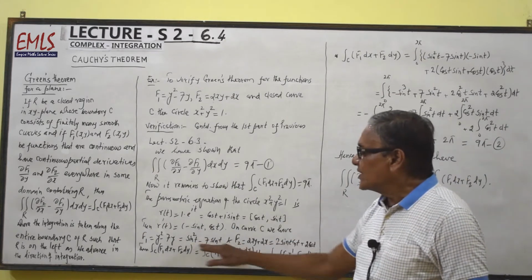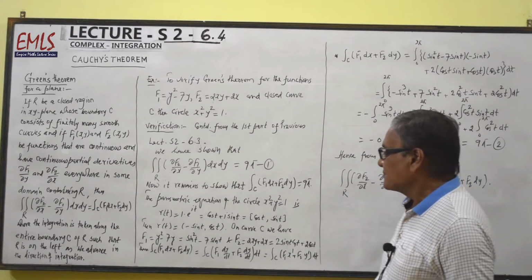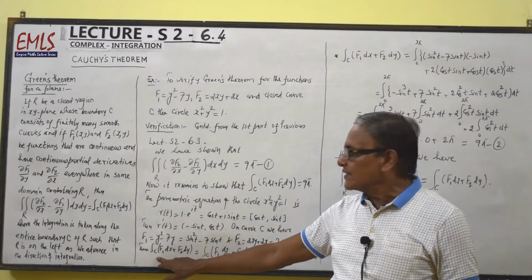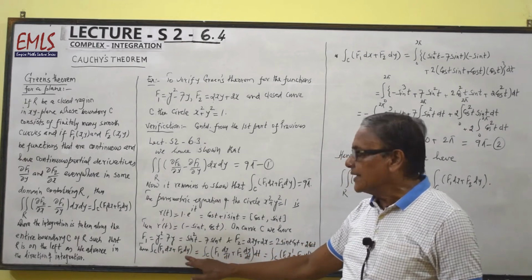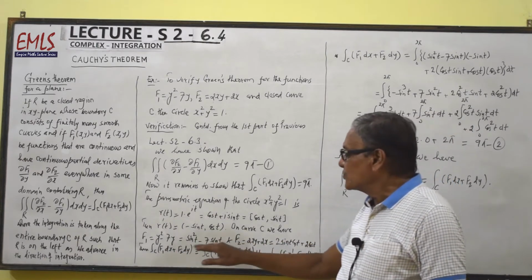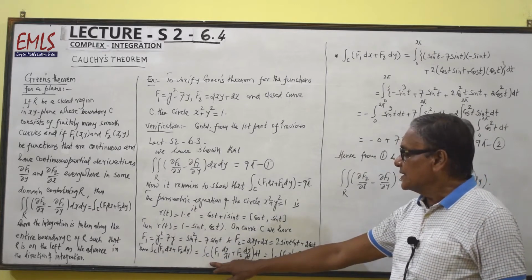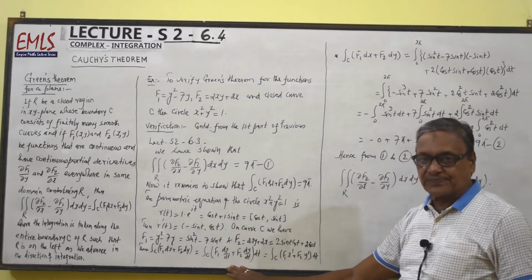So these are f1 and f2. Then what will happen to the line integral over C of f1 dx plus f2 dy? We are simply substituting the values of f1 and f2 in this integration. So this integral over C can be expressed in this form first.